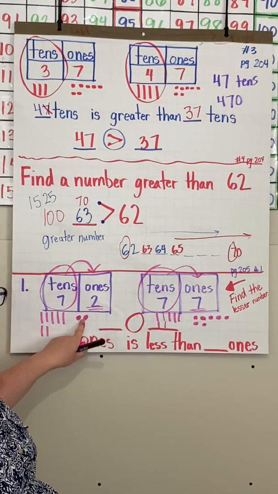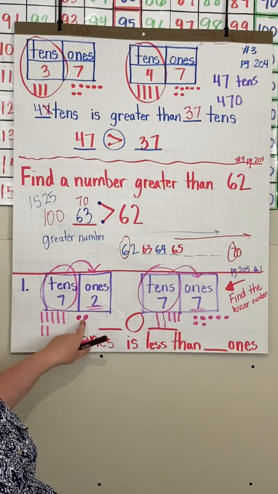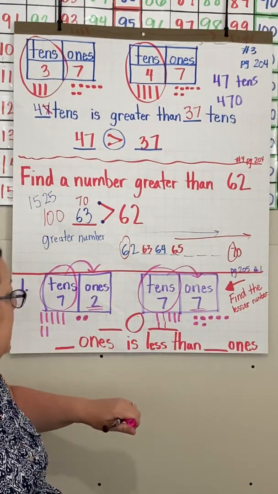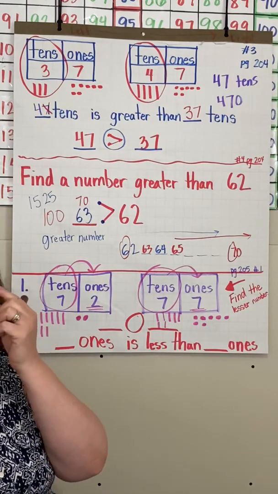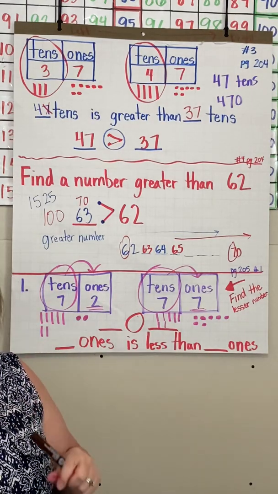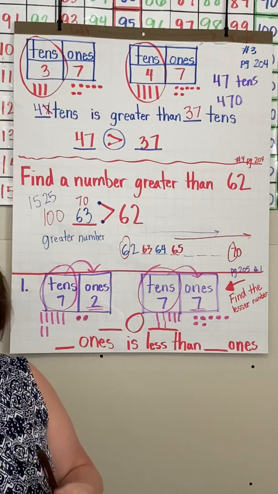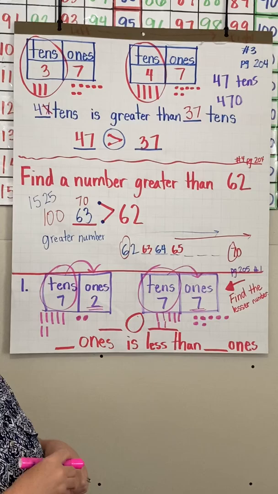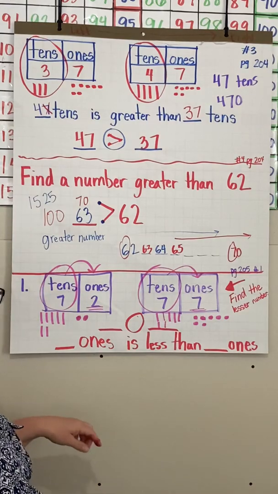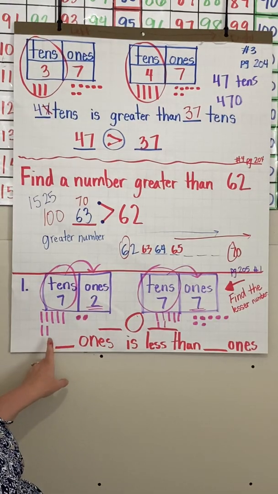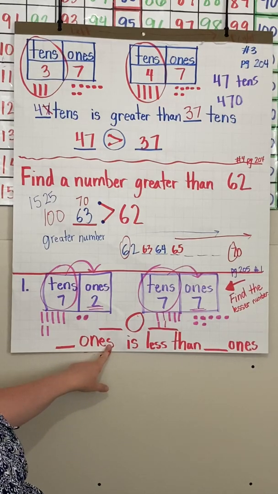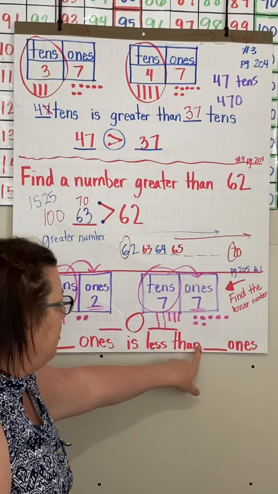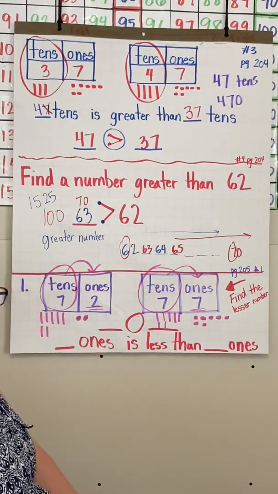Is 2 greater or is 2 fewer than 7? Let's read our words to see what the question is going to ask us to do, because we're not always going to write is greater than. Sometimes we're going to write is less than or fewer than. So I'm going to read it right here. It says blank ones is less than blank ones.